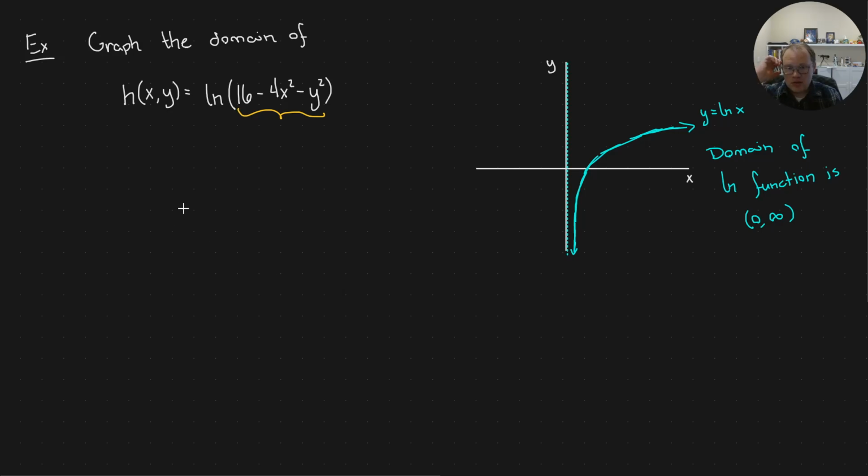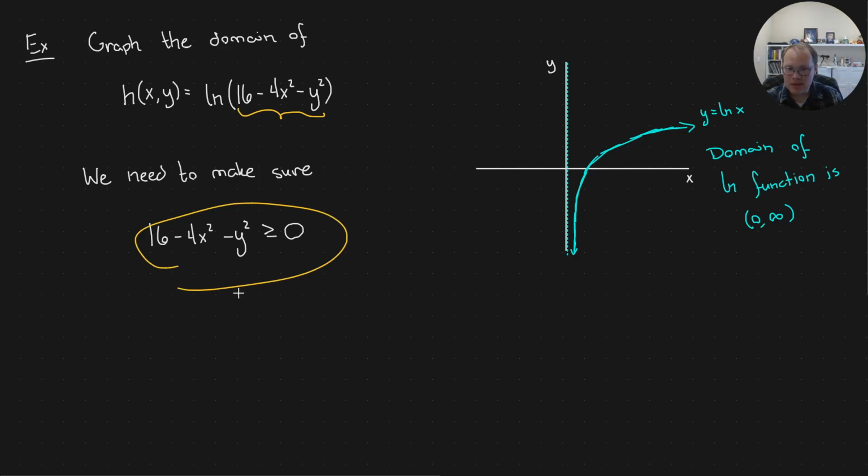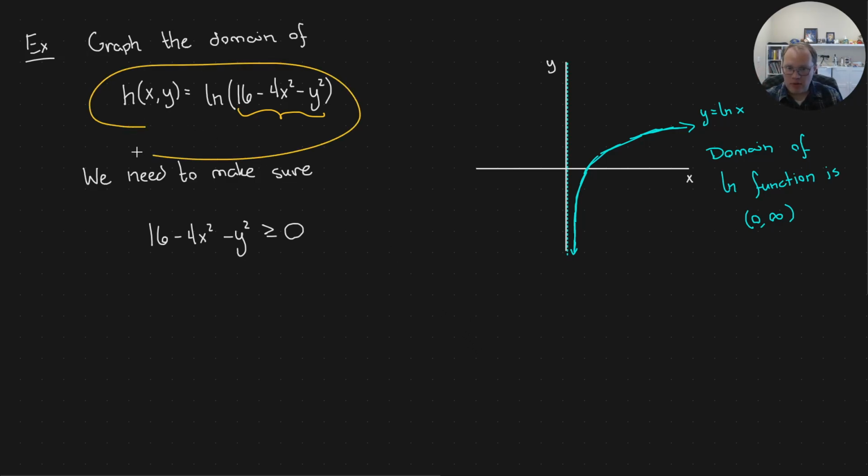Okay? So in this case, we need to make sure that what we're plugging in, 16 minus 4x squared minus y squared, is greater than or equal to 0. As long as that happens, then everything will be okay.